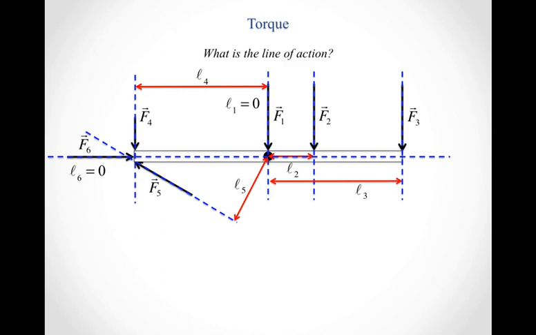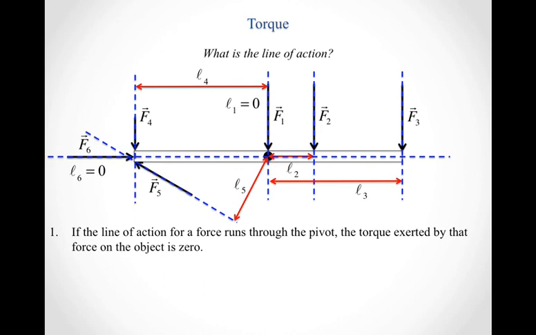So I can reframe those key takeaway points and think about them in terms of the moment arm. And so the first one would be that if the line of action for a force runs through the pivot, and we said that was true for force 1, it was true for force 6, then the torque exerted by that force about that pivot is 0. 2, you get the maximum torque exerted about your pivot when the moment arm is as long as possible.